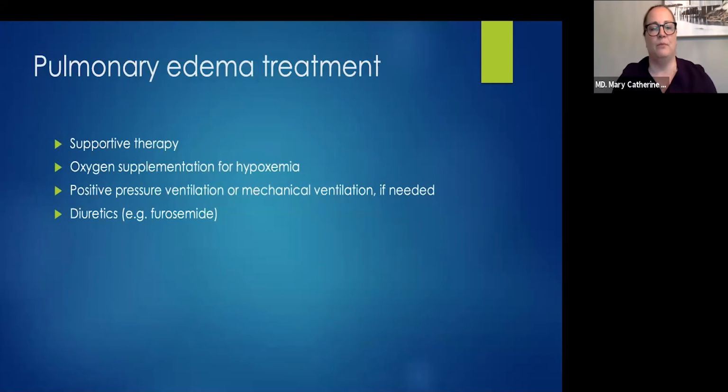So how do we treat pulmonary edema? The treatment for pulmonary edema in preeclampsia is generally supportive. If the patient is hypoxic, supplementary oxygen should be provided.